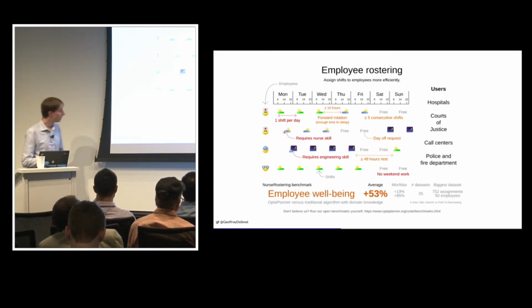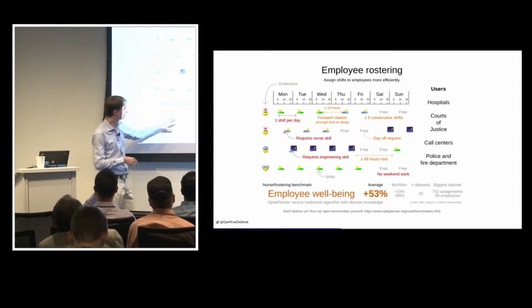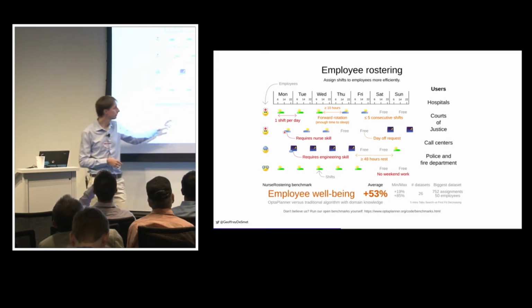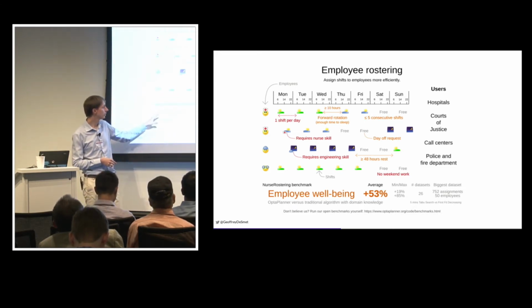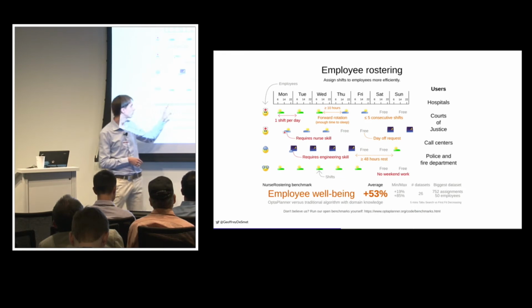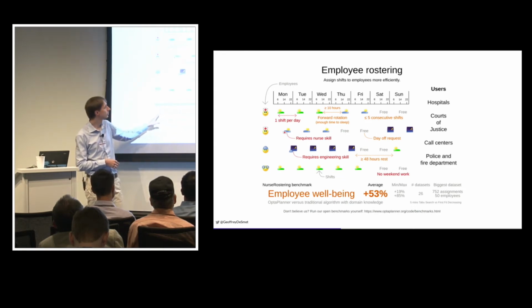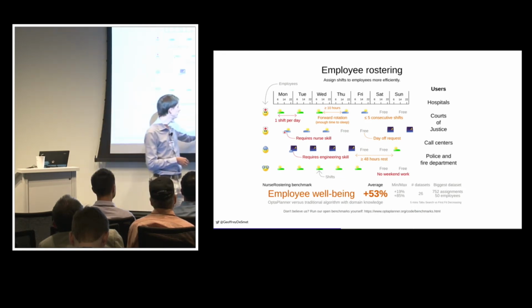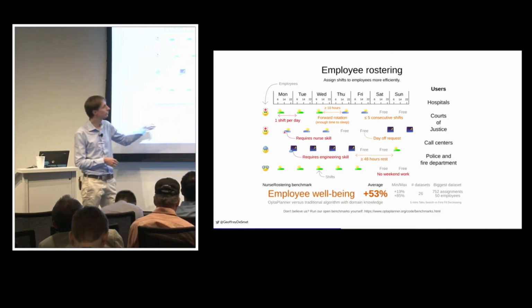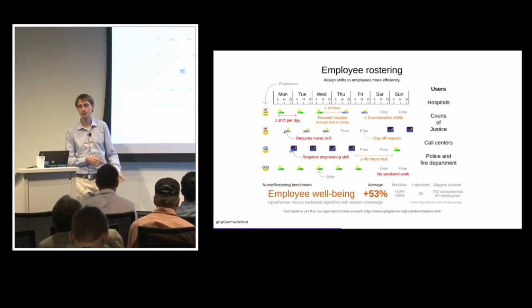When we use the data sets from the academic world that I've used on this benchmark, they come from real hospitals, I've been told, and what we see is 53% more times we can say to a nurse, yes, you get the day off that you requested.